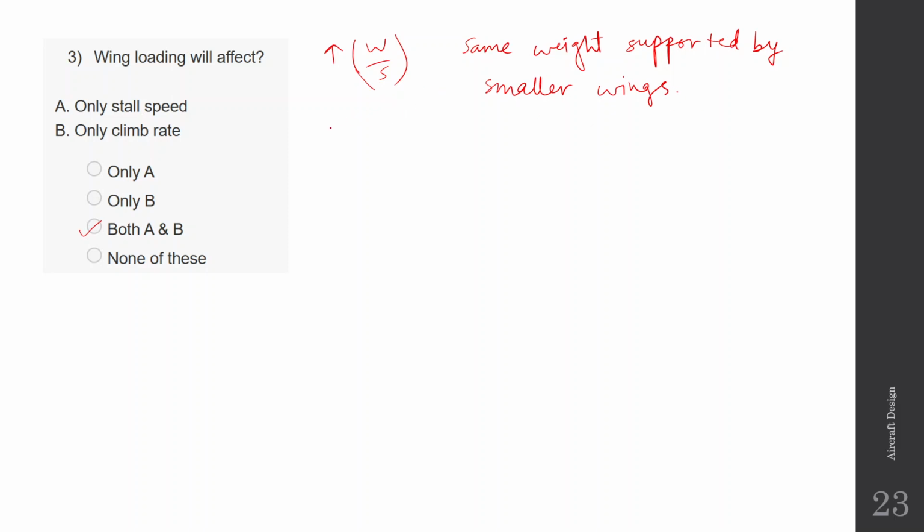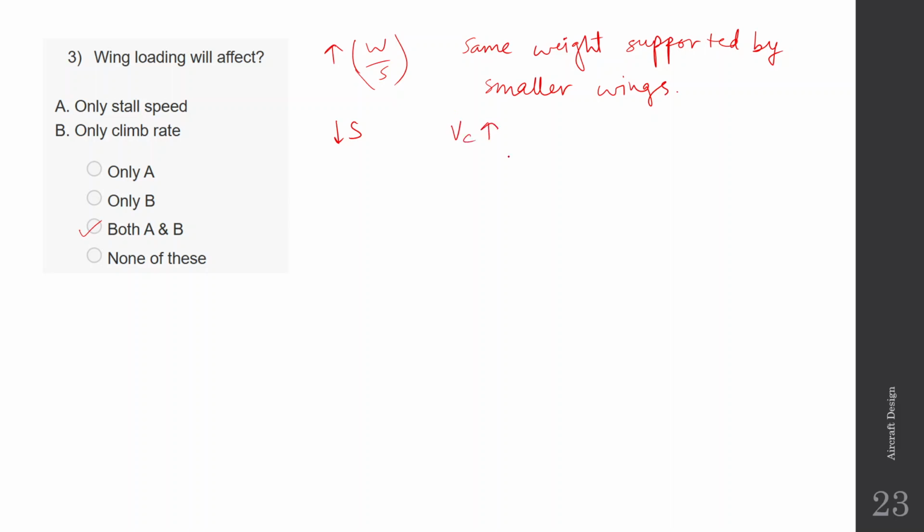So if your W by S is going up, and here I'm considering that the weight will be the same, because we have to compare things, right? So your weight is the same, your W by S is going up, so your S is going down. This means that when your surface area is low and other aspects of the wing are the same, then your cruising velocity will increase.